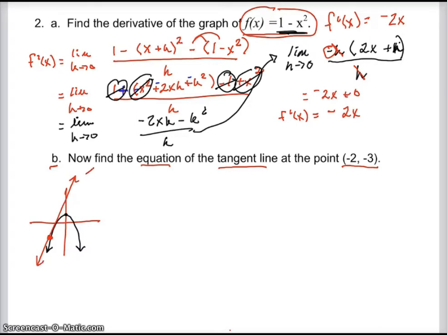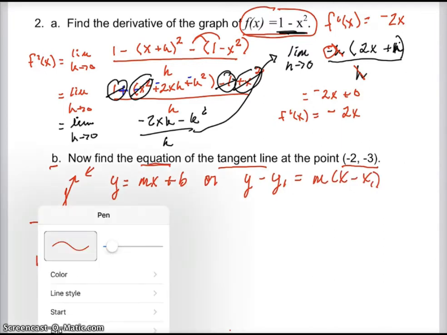We know that this line, like all tangent lines, is linear. And linear equations are in the form y equals mx plus b. And I can use y equals mx plus b to find my equation, or I can use y minus y1 equals the slope times x minus x1. So in order to find the equation of this tangent line, I need two pieces of information.